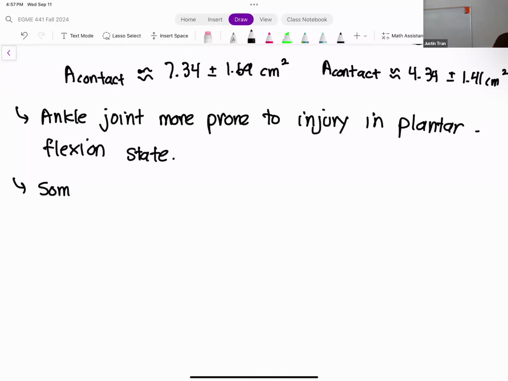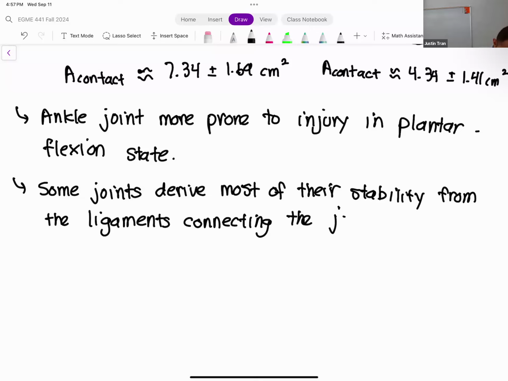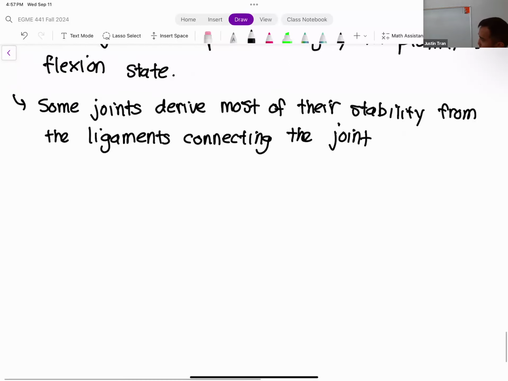Some joints derive the majority of their stability from the ligaments that connect the bones at the joints. Okay. And the knee joint is the prime example of this.